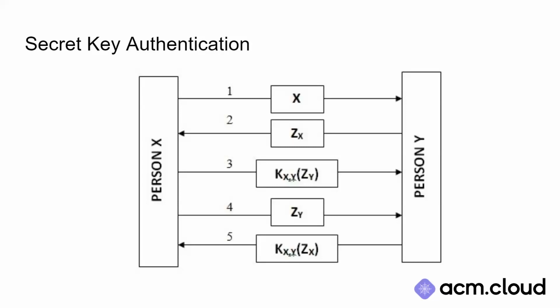Random number, encrypt it, decrypt. So you encrypt it with your private key, and person X sends the decrypted version to person Y. If that's correct and it matches the initial number that's sent out, then person X is valid, and person X does the same thing. Yeah, I think that's right.